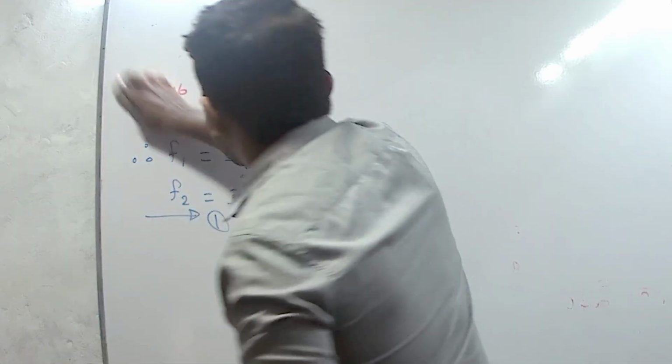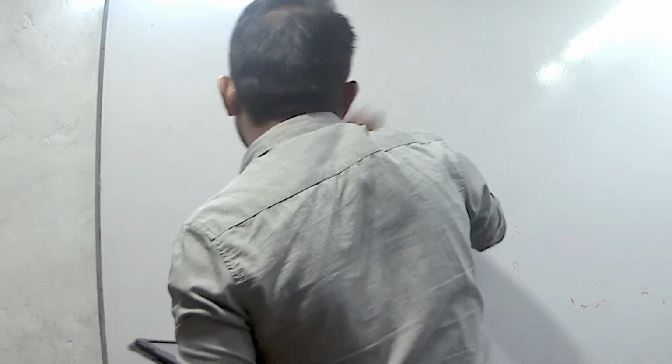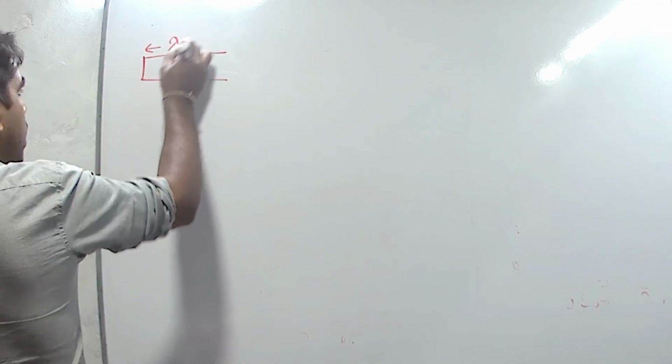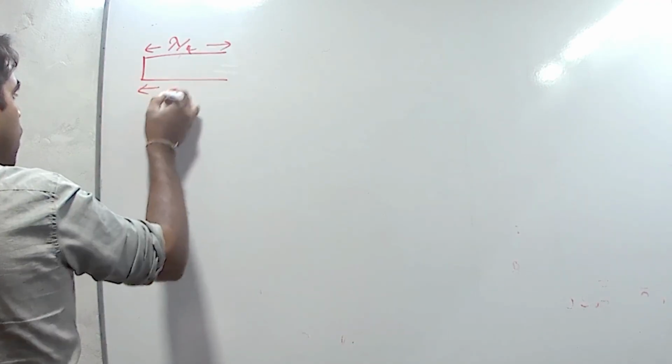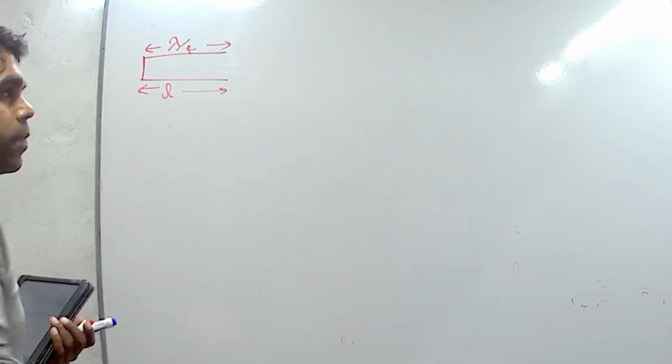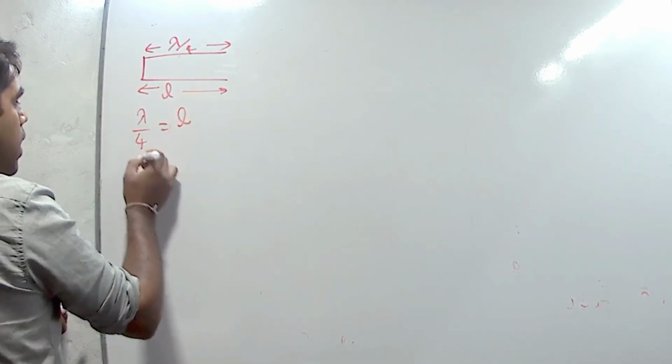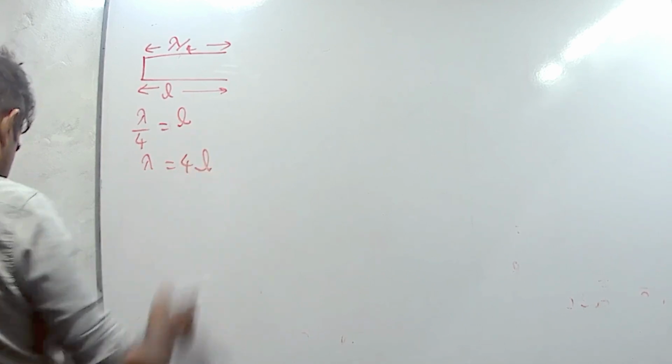Now there is a closed tube and a string. For the closed tube, lambda over 4, one fourth of the wavelength, equals length. Then we can write lambda over 4 equals L, lambda equals 4L.